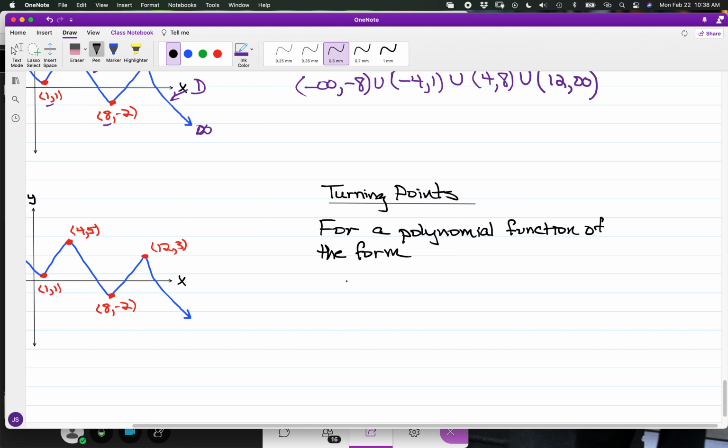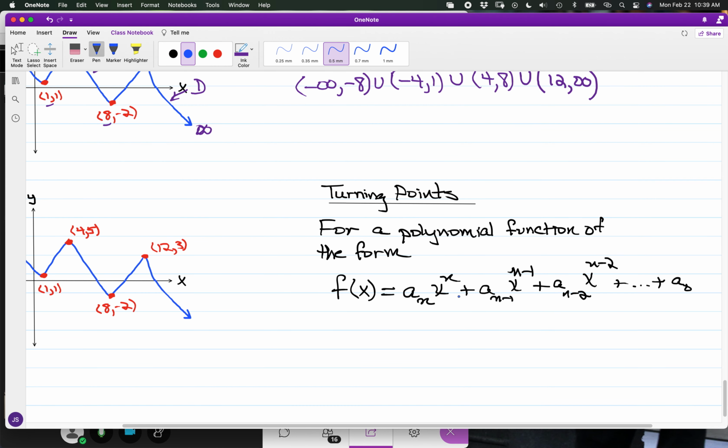So you have a polynomial function of the form where f of x is equal to a of n x to the n plus a of n minus 1 x to the n minus 1. And just from the first term, we have n is going to be the degree of the function.